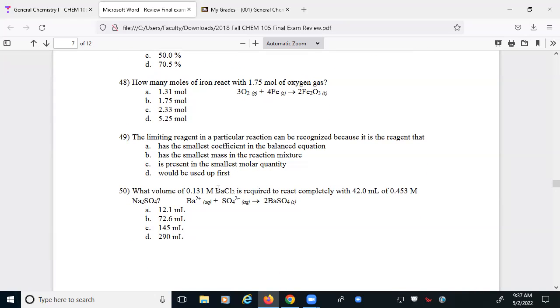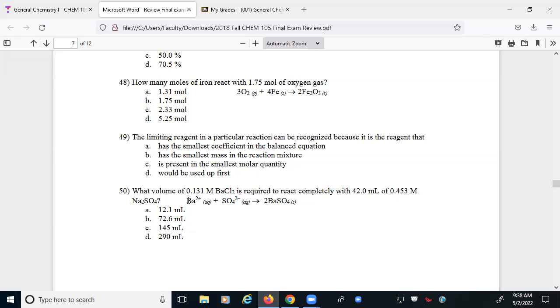The other common mistake that is being made is overcomplicating the simple problems. Take a look at number 48. This is a simple question. It requires a single step calculation, converting the moles of one substance into the moles of another substance.